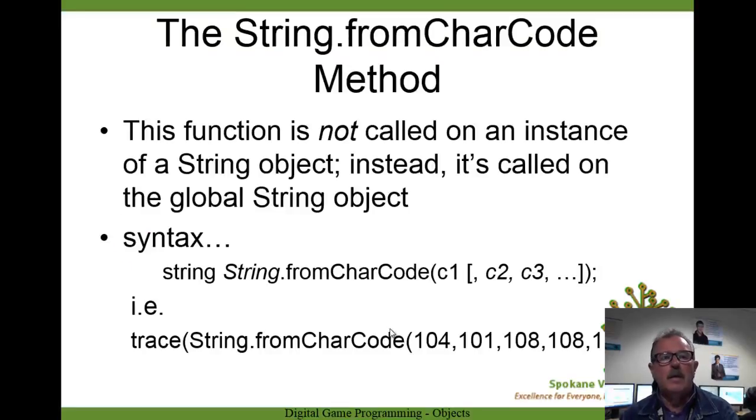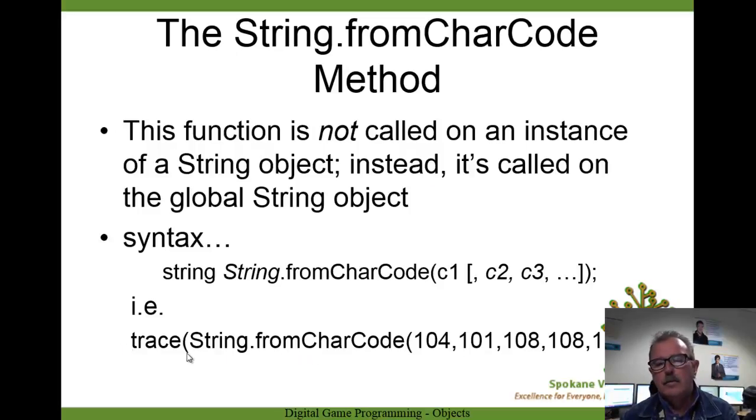Okay, another method we have here is the String.fromCharCode method. This function is not called on an instance of a string object. Instead, this one's called on the global String object. Here's the syntax, and here's an example at the bottom. Go ahead and try this out and see what happens.